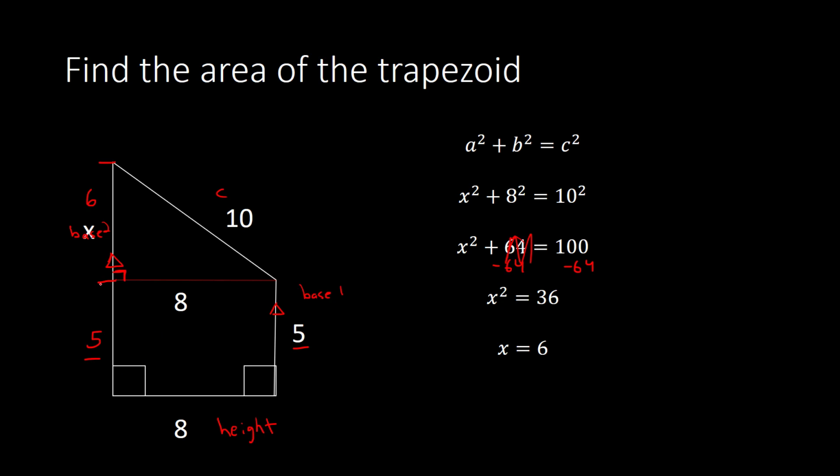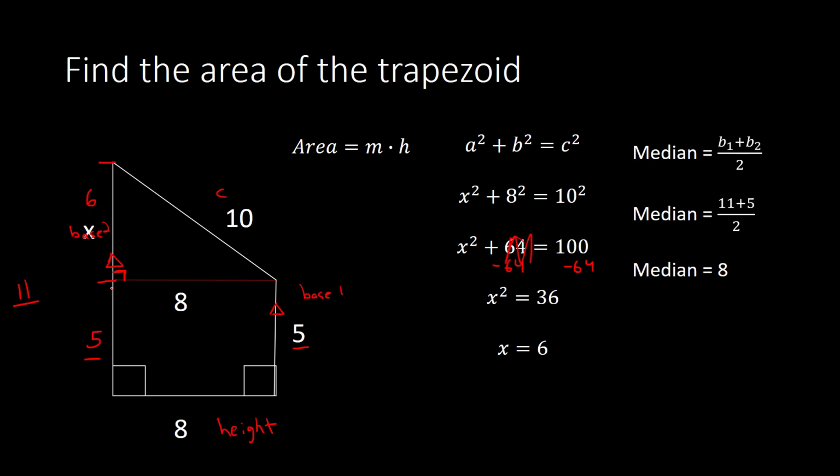So base 2 is 5 plus 6, which is 11 units. And then base 1 is 5. So I can use those to find the median. So to find the median, I take the average of the bases. So 11 plus 5 over 2 gives me 8. And then the area is the median times the height. So we have area equals 8 times the height, which is also going to be 8. So we have 8 times 8, which gives me 64 for the area.